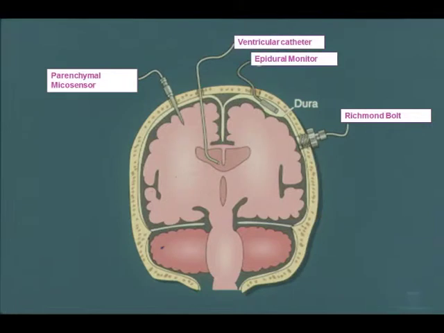How do you measure intracranial pressure? Well, historically, the first method is still the gold standard. And that's actually your good old friend, the external ventricular drain or the ventricular catheter.